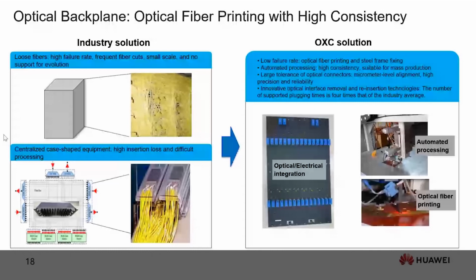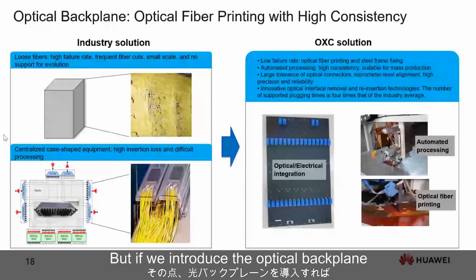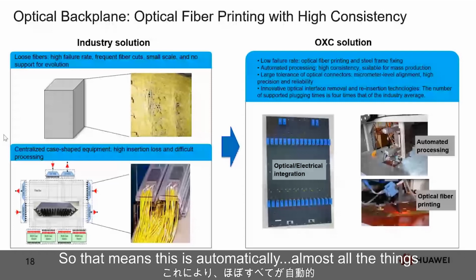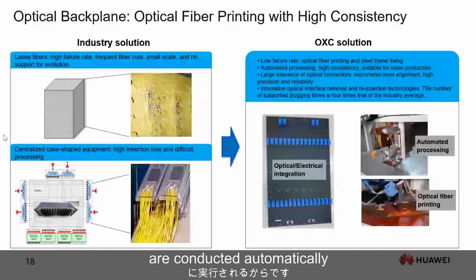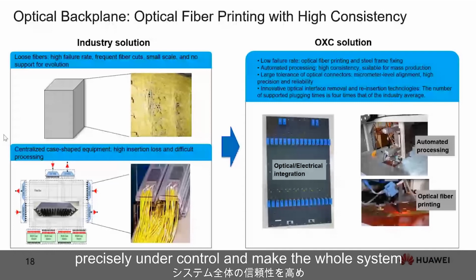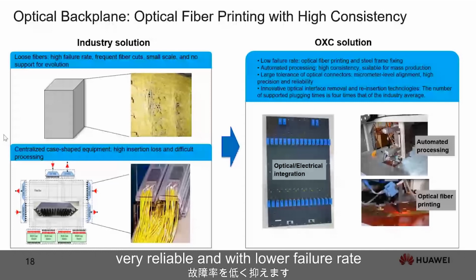But if we introduce the optical backplane, all these things are gone. Almost everything is automatic, and we use high precision equipment so that everything is precisely under control, making the whole system very reliable with a lower failure rate.